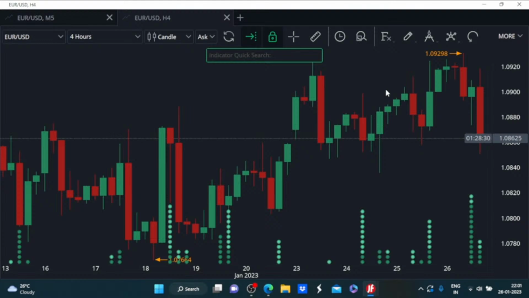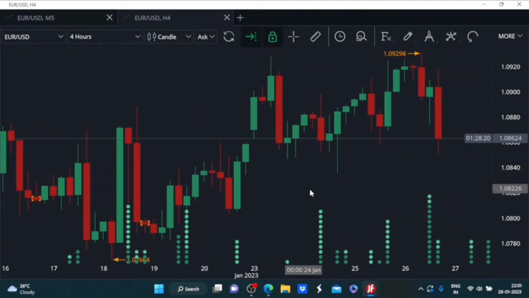So try out this combination of matching low and see how it helps you in your trading system, whatever your existing trading system is. If it can make it more profitable while helping you reduce the losses, nothing better.